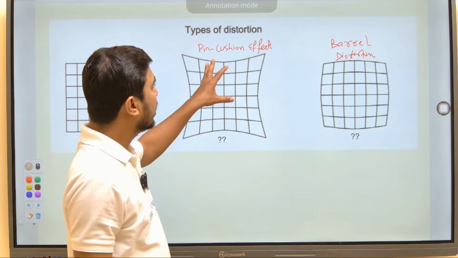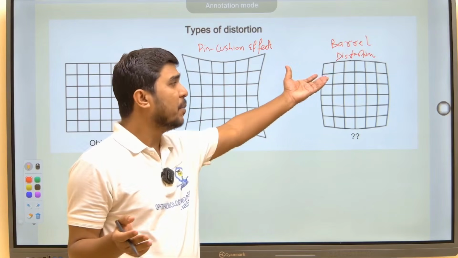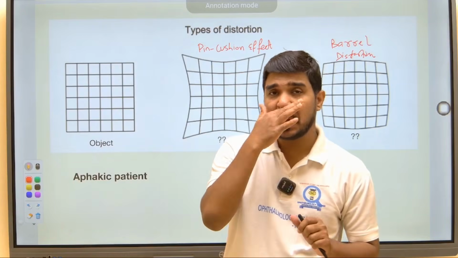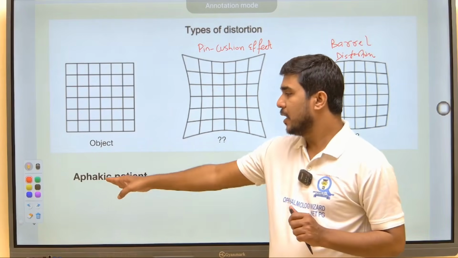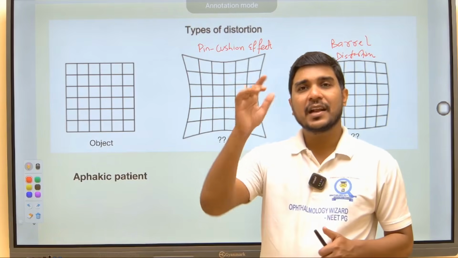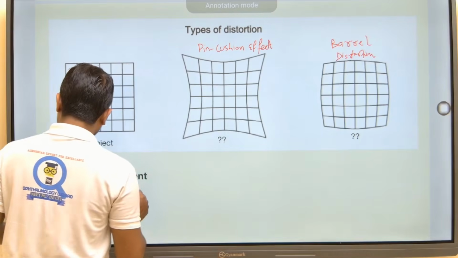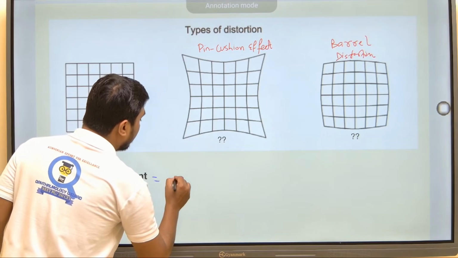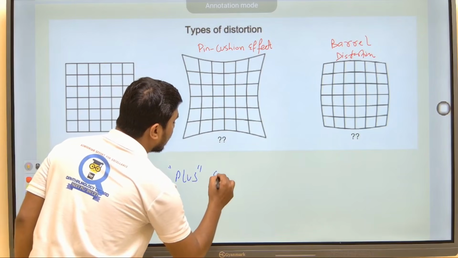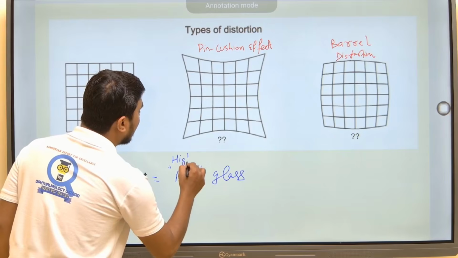Now, the question is, what type of patient will have the pincushion effect? What type of patient will have barrel distortion? Suppose a patient is aphakic. If a patient is aphakic, what glasses will you suggest? You will suggest plus glasses, or I can say high plus glasses.